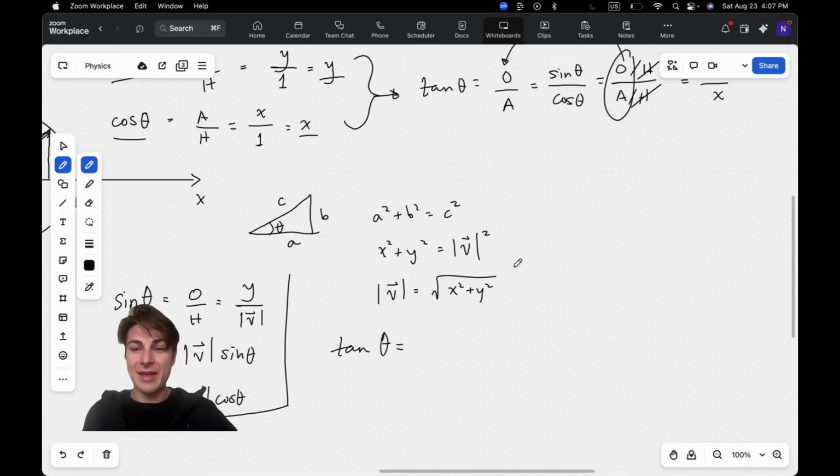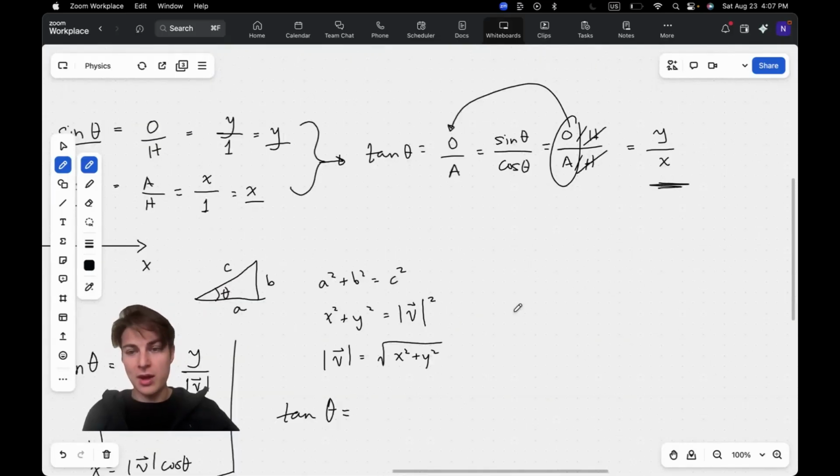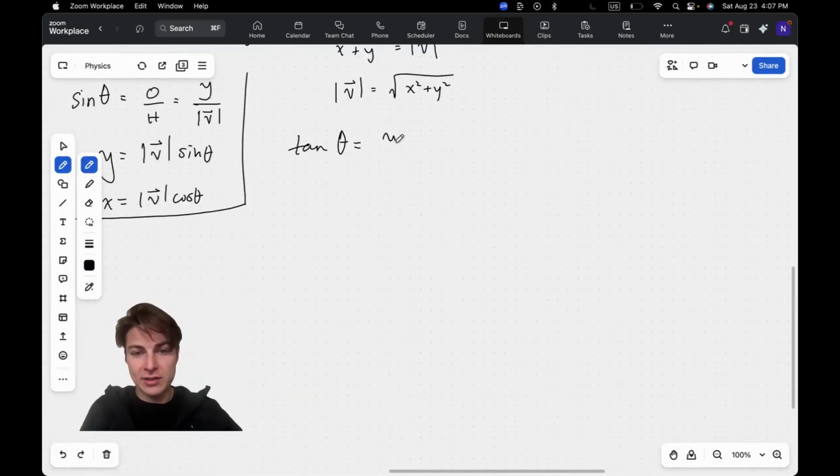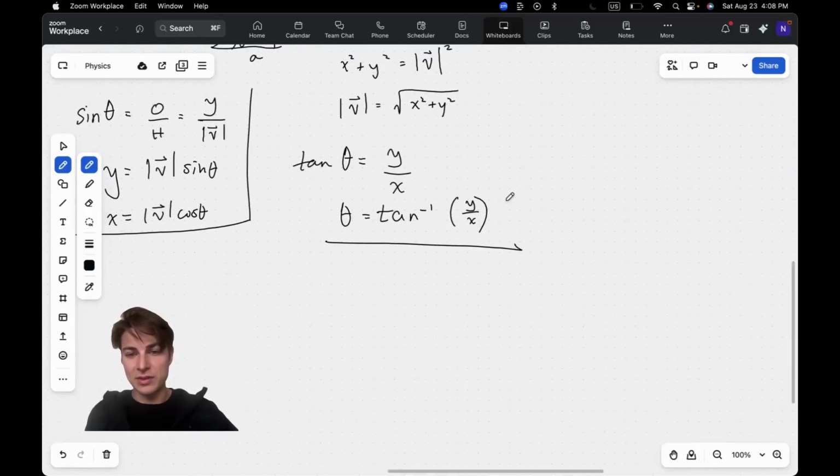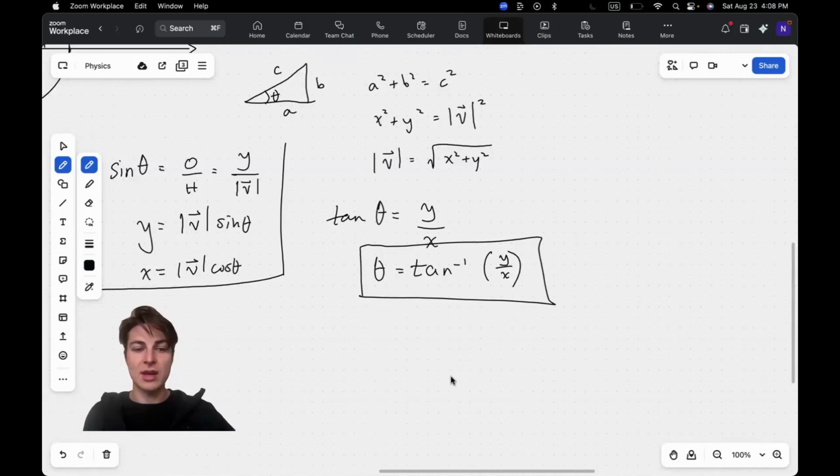And so that is going to be no matter what equal to y over x. And so therefore theta is going to be the inverse tangent of y over x. And this is what we see frequently. So theta equals the inverse tangent of y over x.